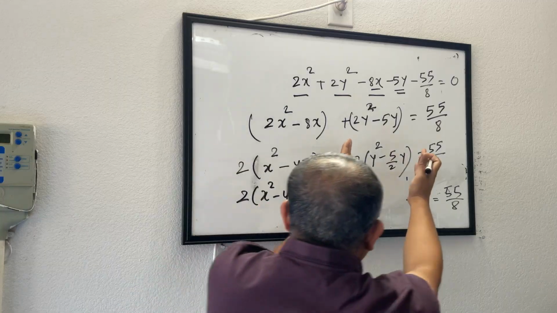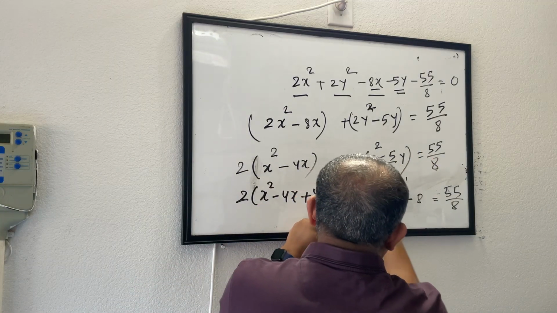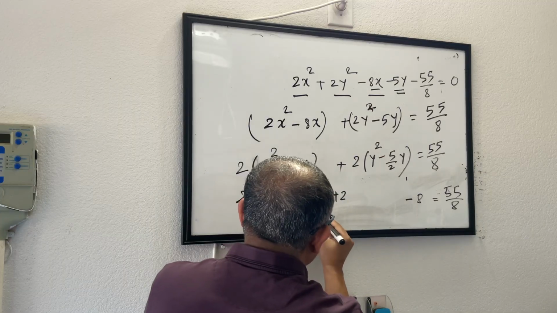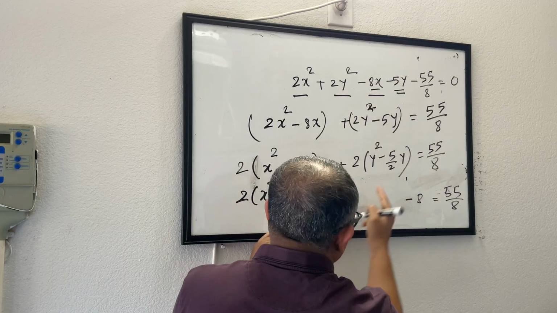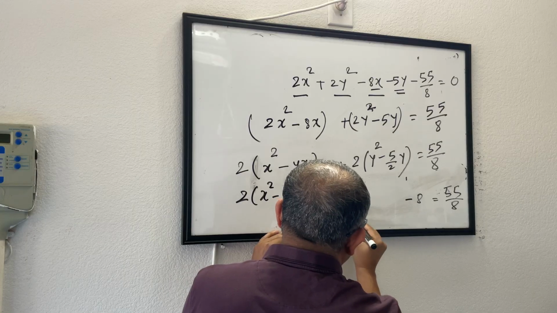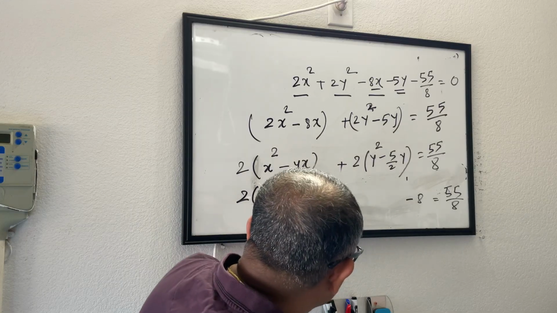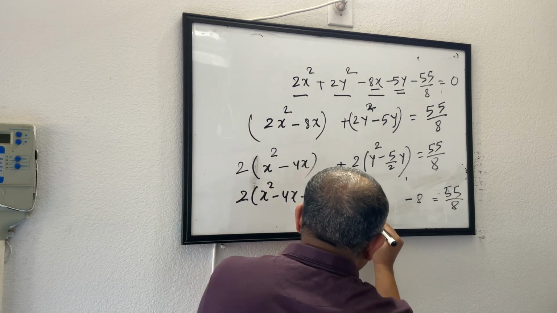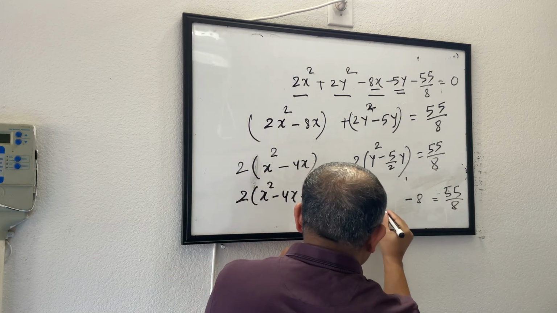Now this part is taken care of. Now let's look at this guy. y squared minus 5 over 2 y. So I can put 2 into 5 over 4 y. So this will become 5 by 2. Now 5 over 4, so 5 over 4 squared.